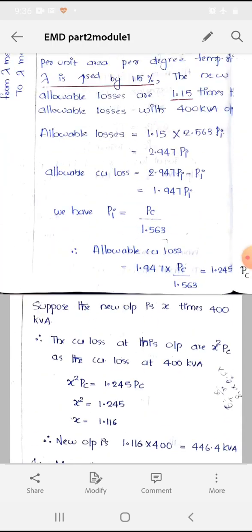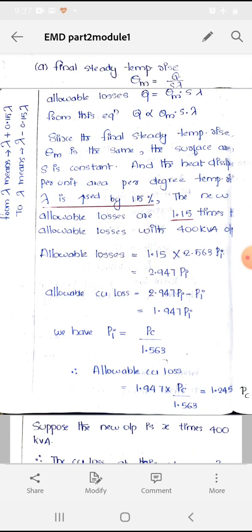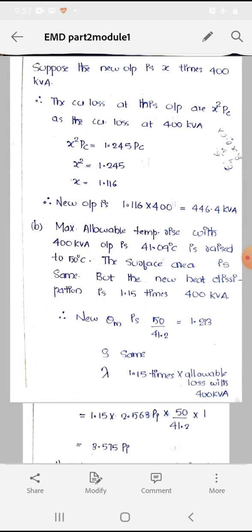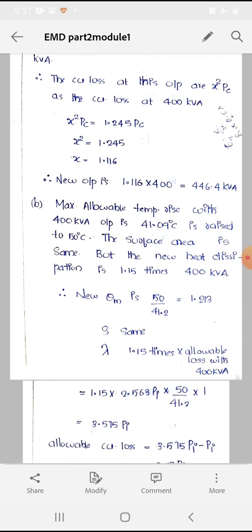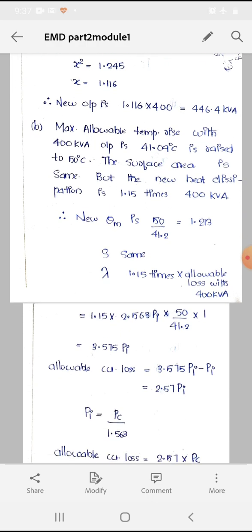Previously it was 1.15 into 2.563 Pi; for the new question it is 1.15 times the allowable loss with 400 kVA, so 1.15 into 2.563 Pi into 50 by 41.2. Now we got the allowable loss as 3.575 Pi.